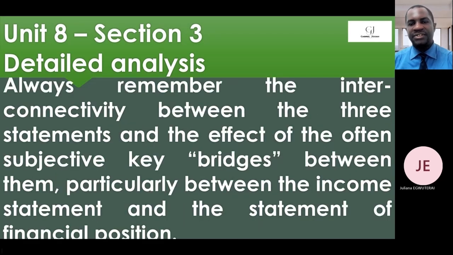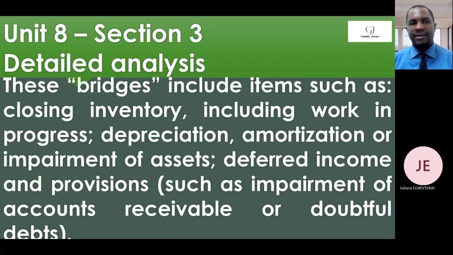Always remember the interconnectivity between the three statements, which is the SCI, the SFP, and the SCF. So the interconnectivity between the income statement, the balance sheet, and the cash flow statement. These bridges, they have three bridges. There's a bridge that links three of them together. You have to take note of them.